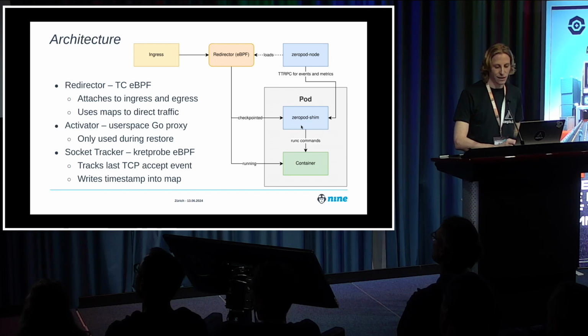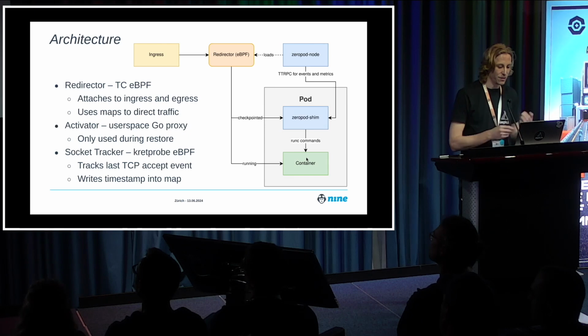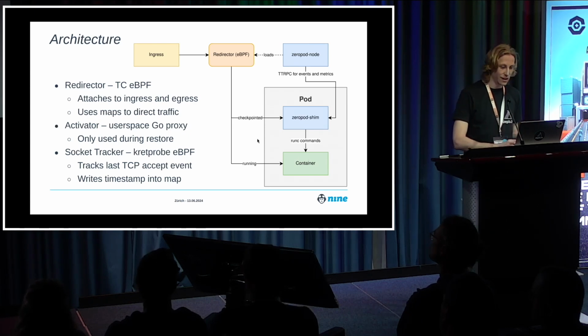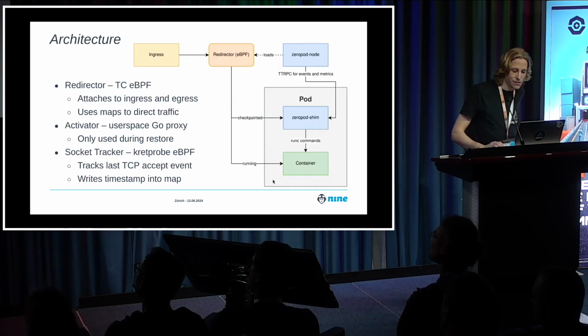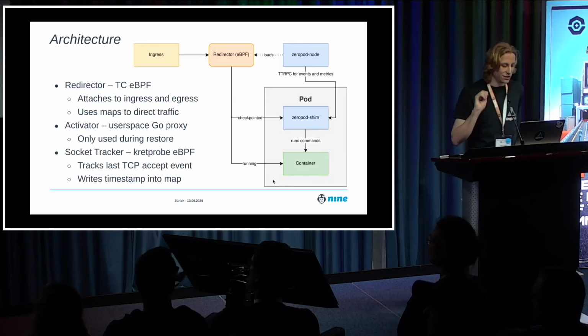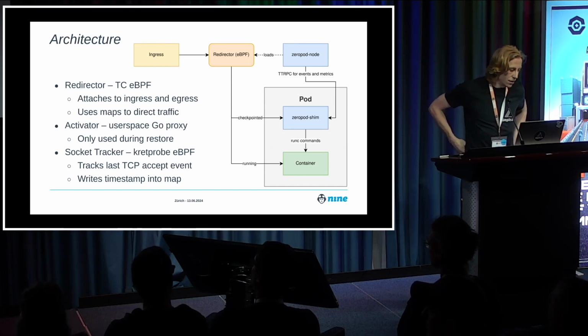Once it's running, it can proxy that first request to the container. And afterwards, I can just flip the switch in the redirector eBPF program, and now the traffic will go directly to the app. So that's pretty nice, because I can just do this in the kernel, nothing else needed.